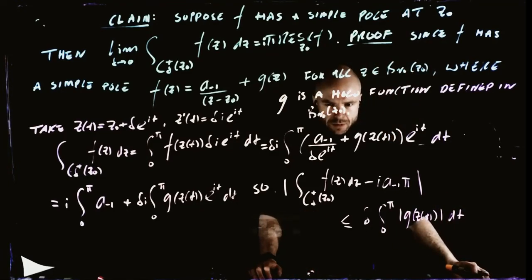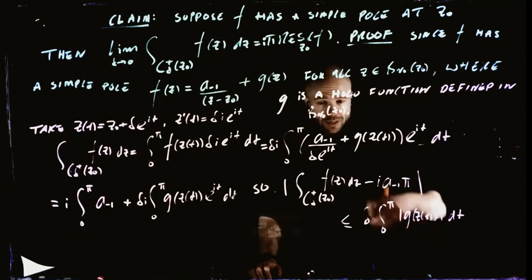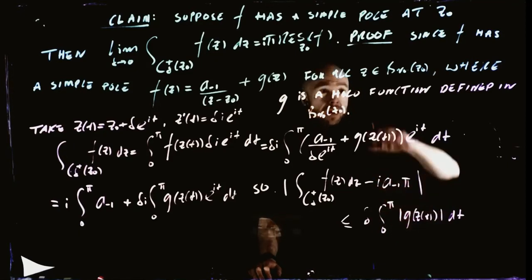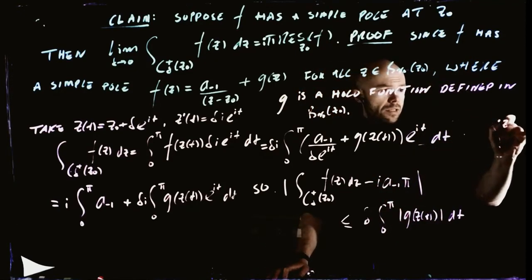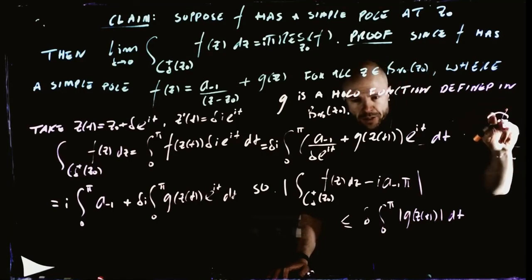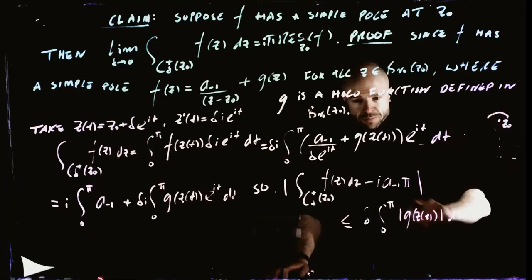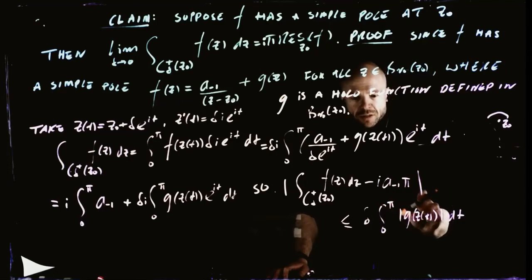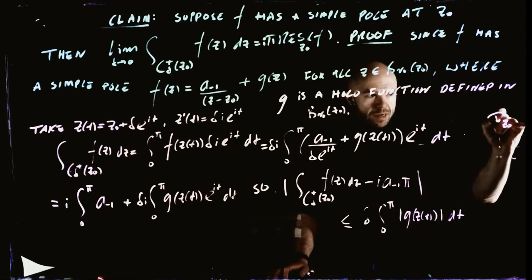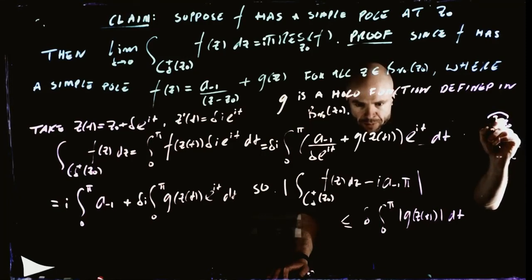And again, g is nicely bounded, because we are close to this singularity, where g hasn't got a singularity. g is just holomorphic. So by continuity, this thing is less than twice the absolute value of g of z0, so long as we let this delta be small enough. Do you see what I mean? Or shall I add the details?